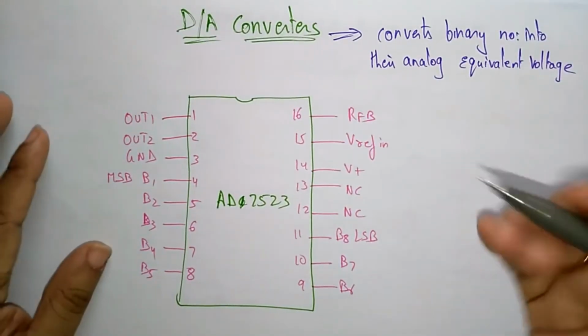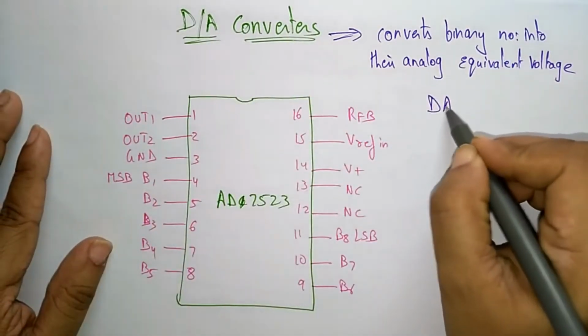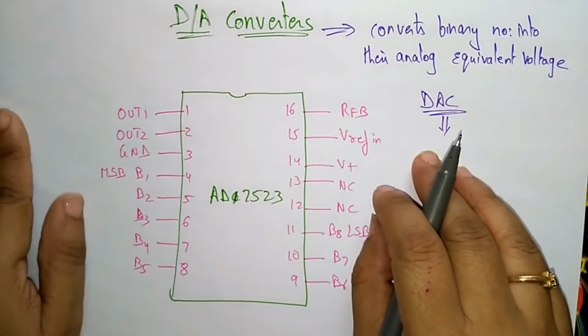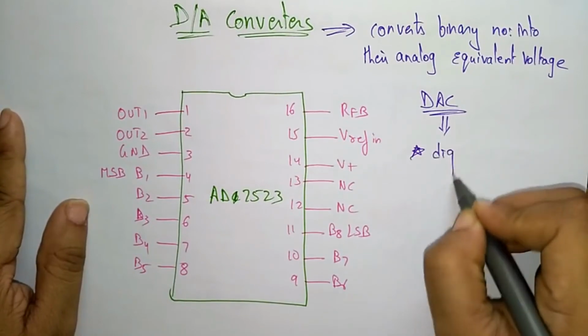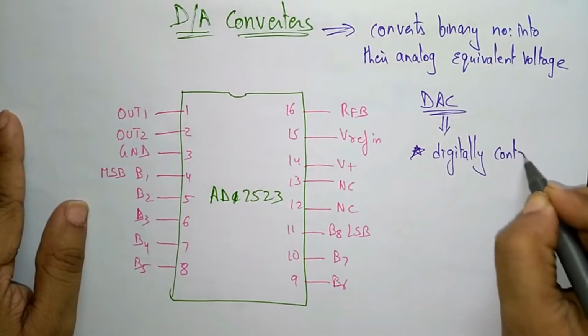Let us see the applications, the areas where we can use this digital to analog conversion. The first application is digitally controlled gains.